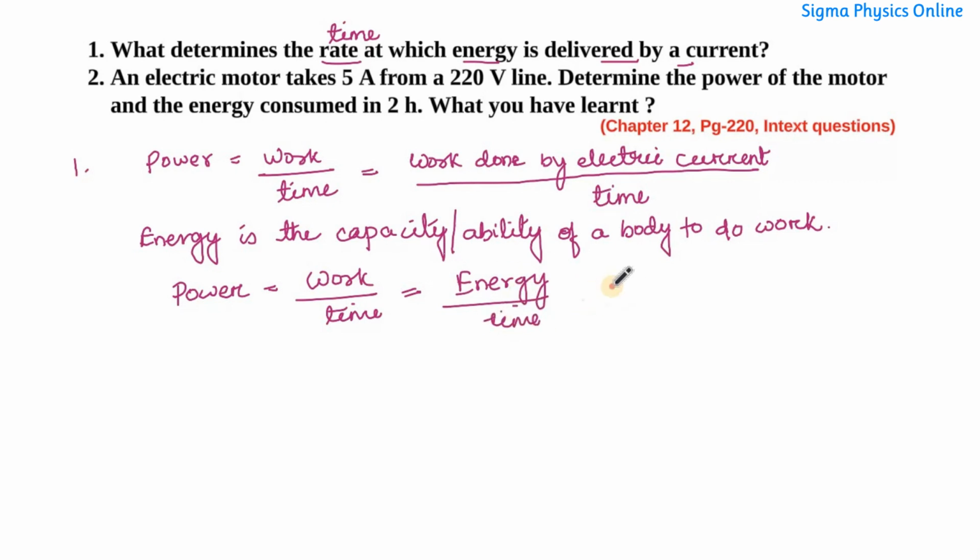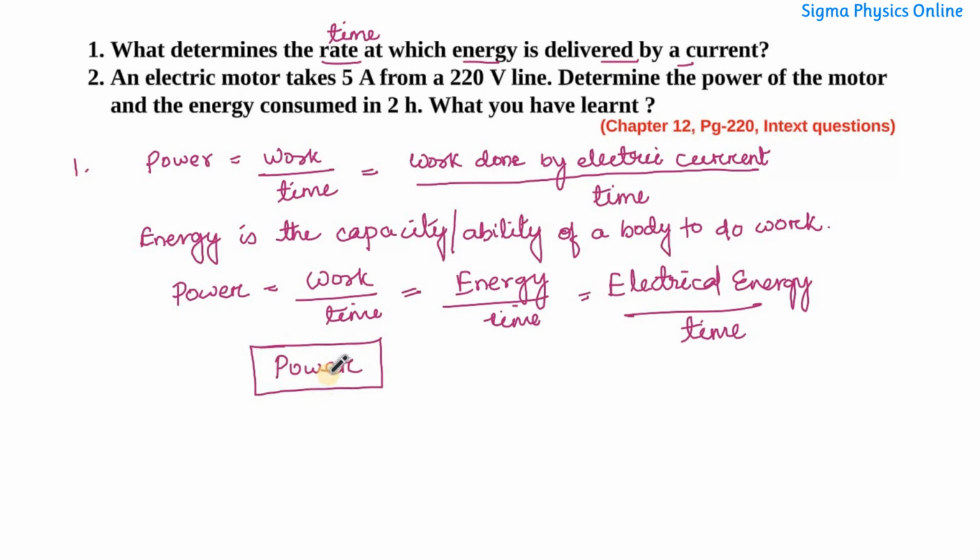And here it is electrical energy, so it is electrical energy by time. Thus, the rate at which electric energy is delivered by a current is known as power. So power is the factor that determines the rate at which electrical energy is consumed or dissipated. This is the answer to the first question.